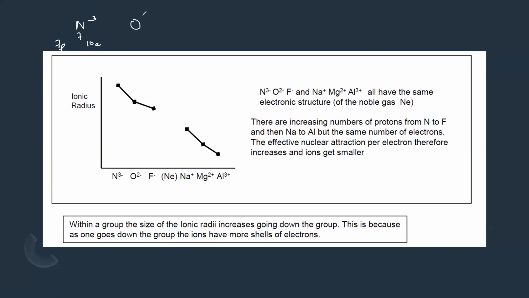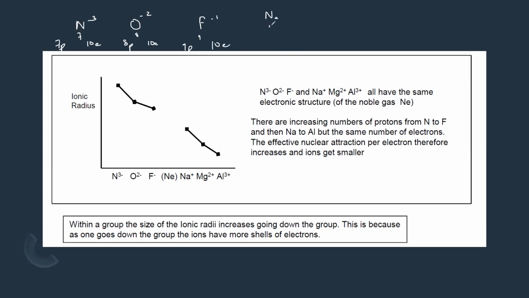Oxygen has atomic number 8, so it has 8 protons, but the charge is minus 2, so it will have 10 electrons. Then the fluoride ion, atomic number 9, so 9 protons, but 10 electrons.